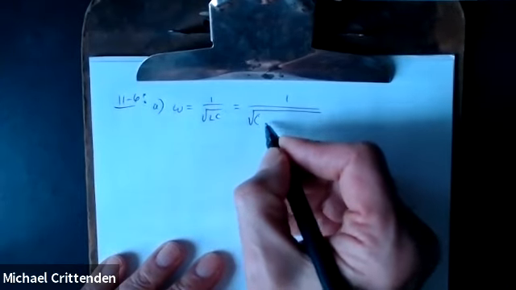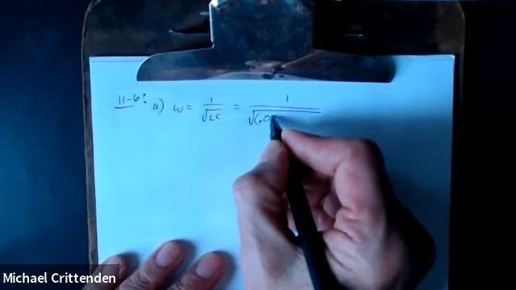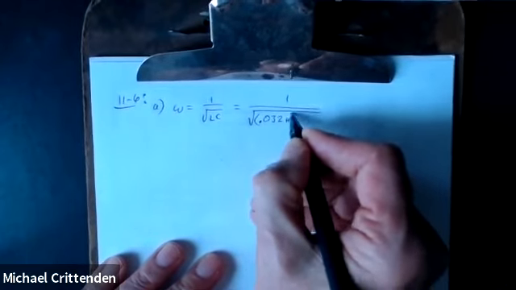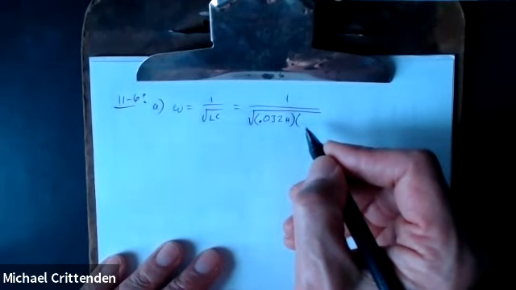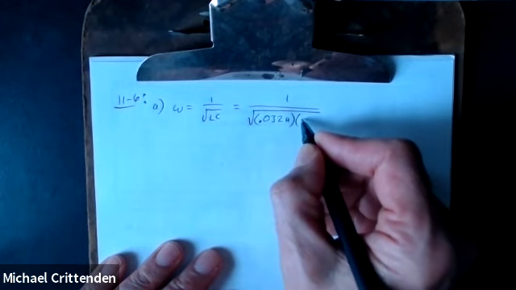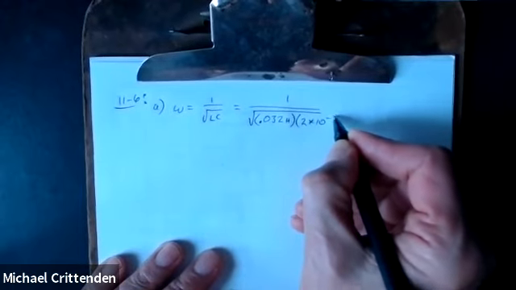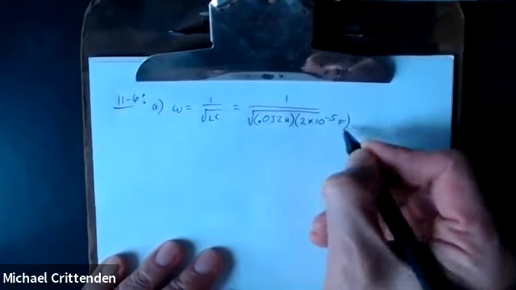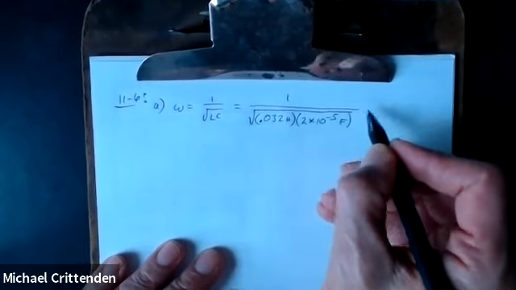Inductance converted into henries is 0.032, and 20 microfarads, 2 times 10 to the negative fifth. In other words, 20 times 10 to the negative 6.